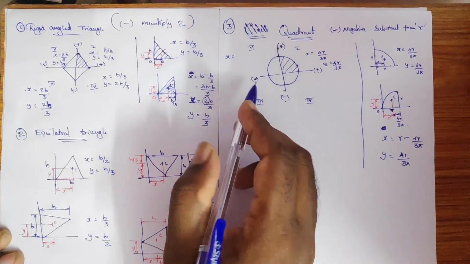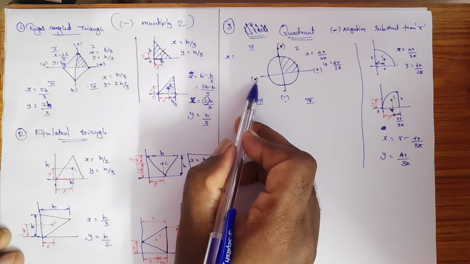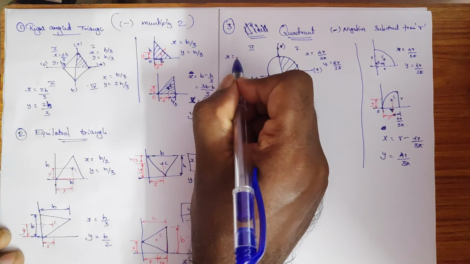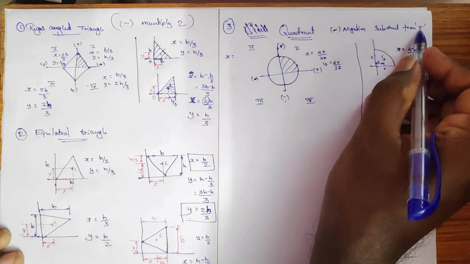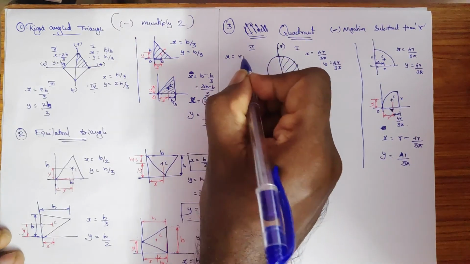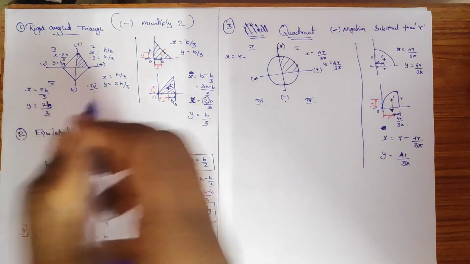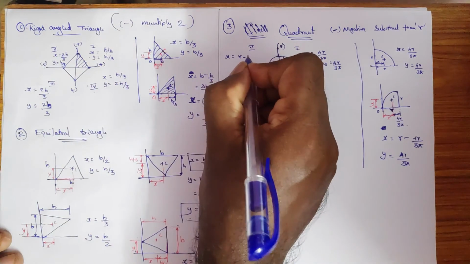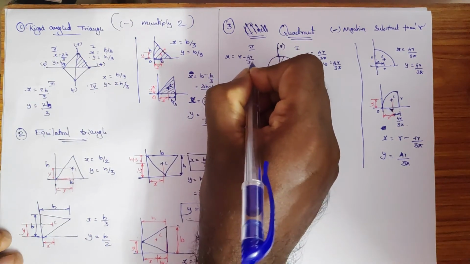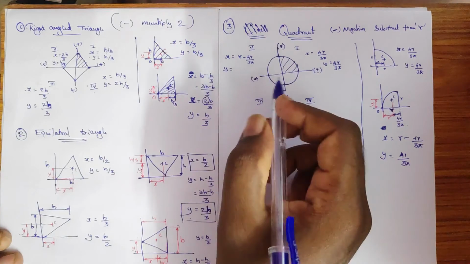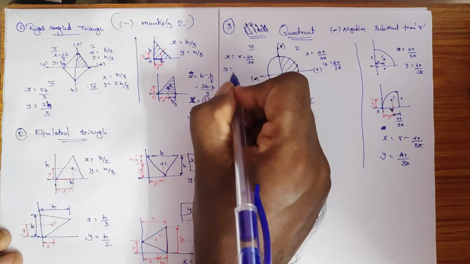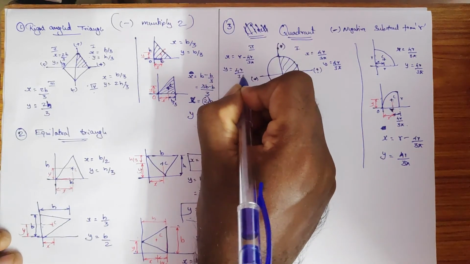Here comes the second quadrant, x is minus, so what we have to do is r minus 4r by 3 pi. In the y it is positive, so 4r by 3 pi.